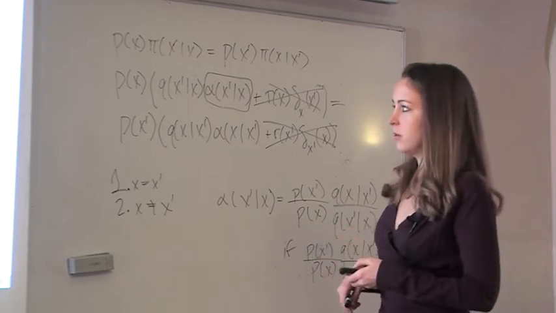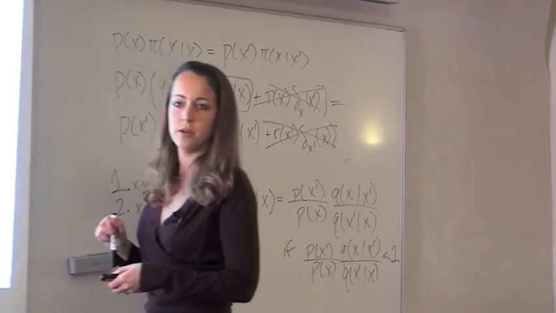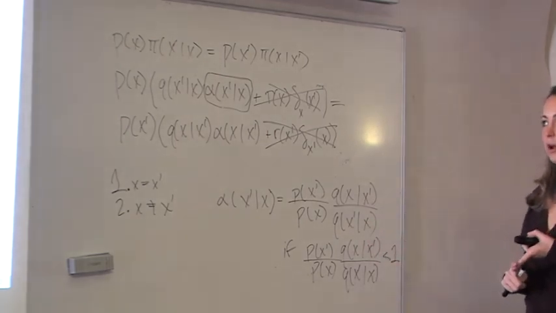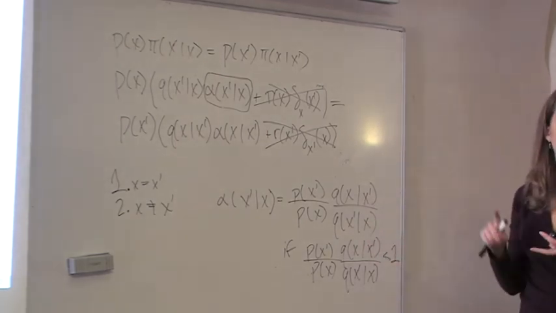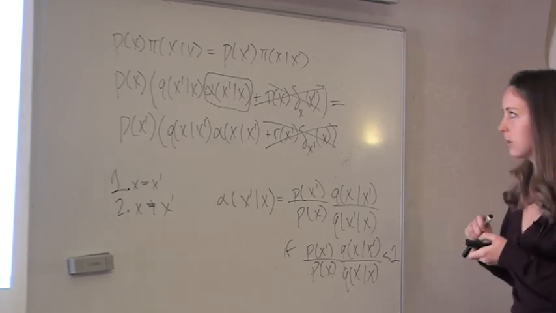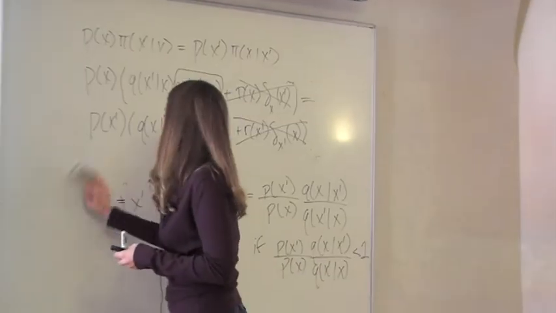Okay. So now, how do we choose this proposal density Q? We'll look at 3 possibilities: the independent Metropolis Hastings, random walk, and Gibbs sampling.